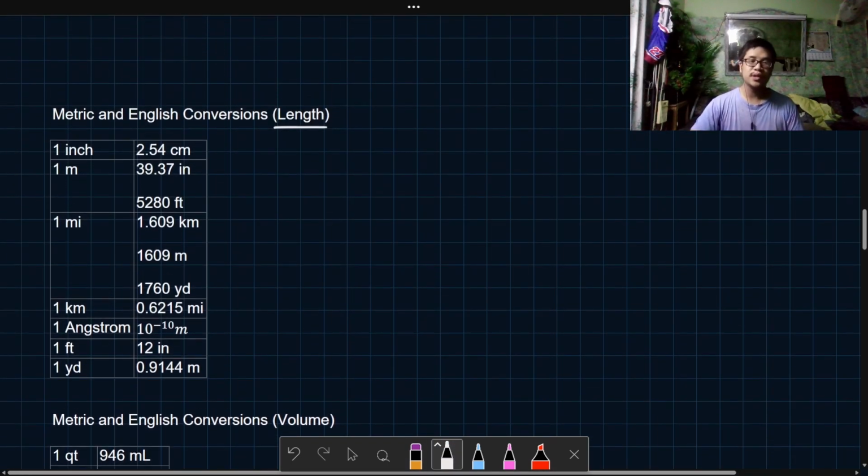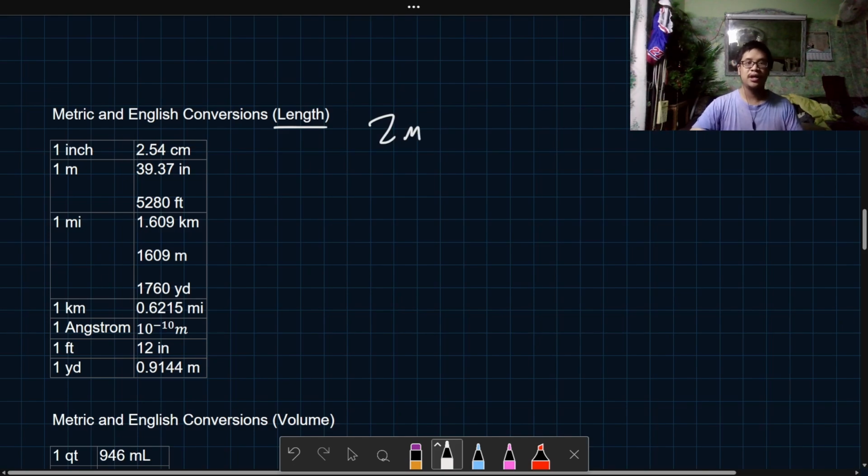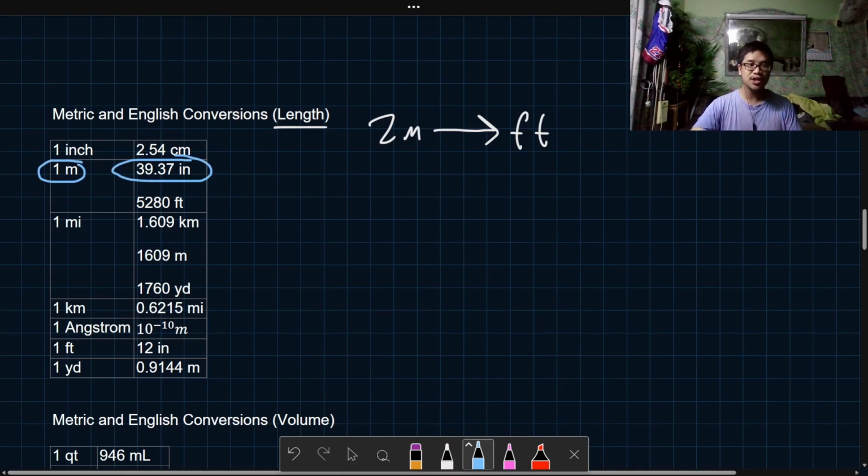Let's start first with converting units where the given units are in length. Let's say I have 2 meters and I wish to convert it into feet. In this case, I'm going to pick an equivalent. Here we know that 1 meter is equivalent to 39.37 inches and 5,280 feet.